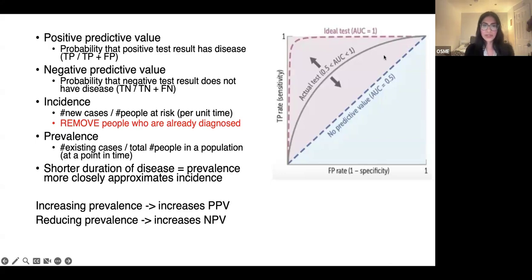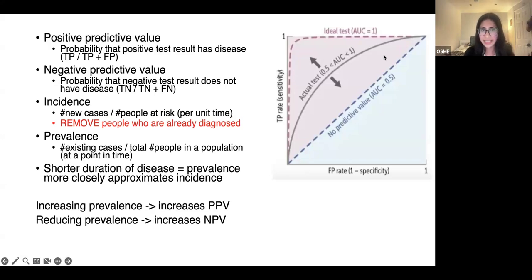And then how does prevalence affect PPV and NPV? Essentially, if we think about a disease with low prevalence, you're essentially testing a healthy population. This means that the majority of the population doesn't have the disease.